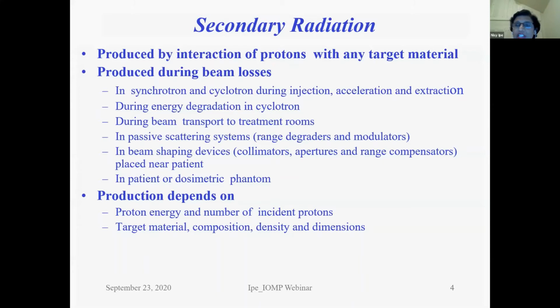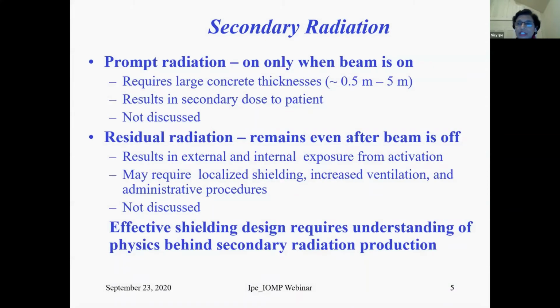And the production is going to depend on the proton energy and the number of incident protons, the target material, its composition, density, and dimensions.